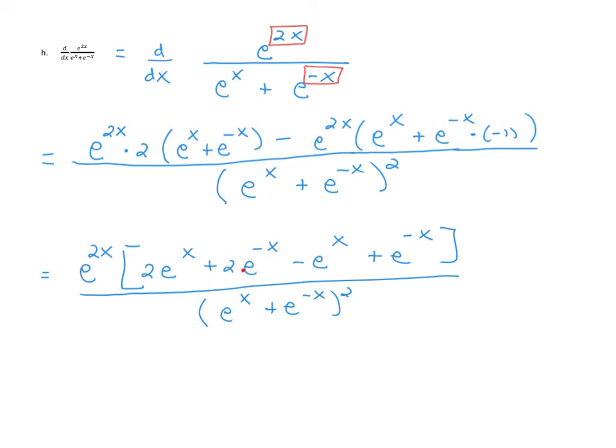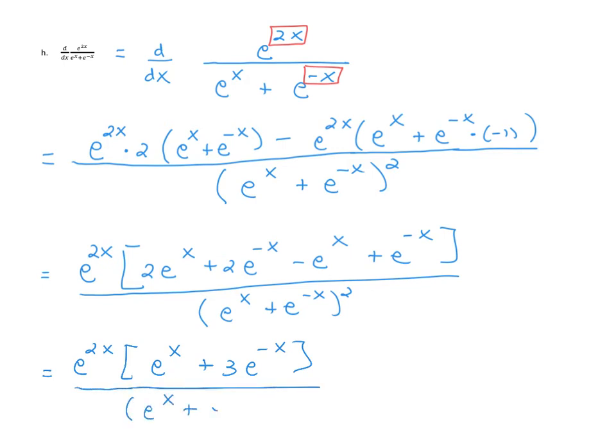Then we have 2e to the negative x, and we're adding 1 more to it, so this would go up to 3. So what do we have? I would write this as e to the 2x multiplied by e to the x plus 3e to the negative x, all over e to the x plus e to the negative x, and that whole thing's squared.